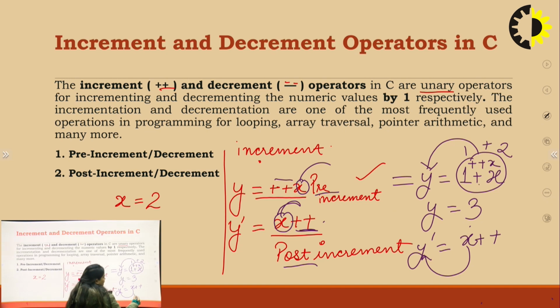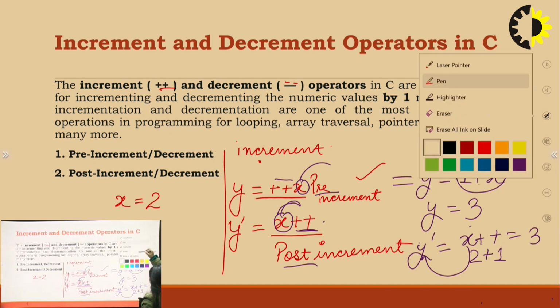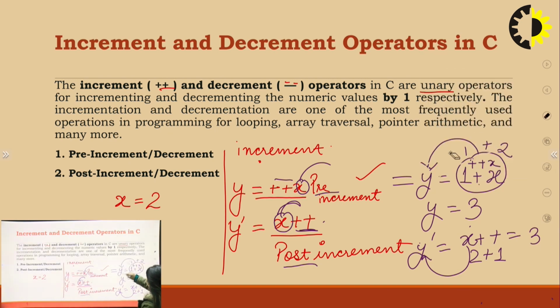As here it is 2 plus 1, so first we'll assign this value to y dash, although further on we'll encounter this value as 3, initially the value of y dash will be 2. Understood? Okay, now let me make you understand in a more clear way.